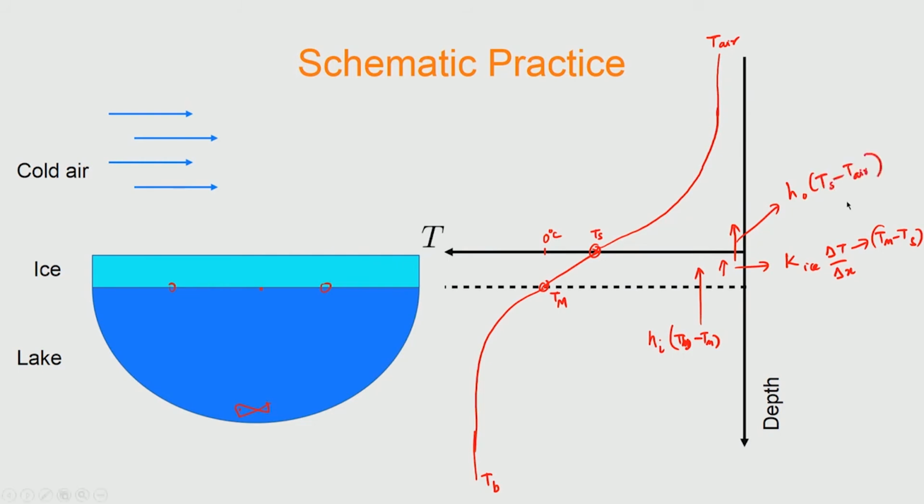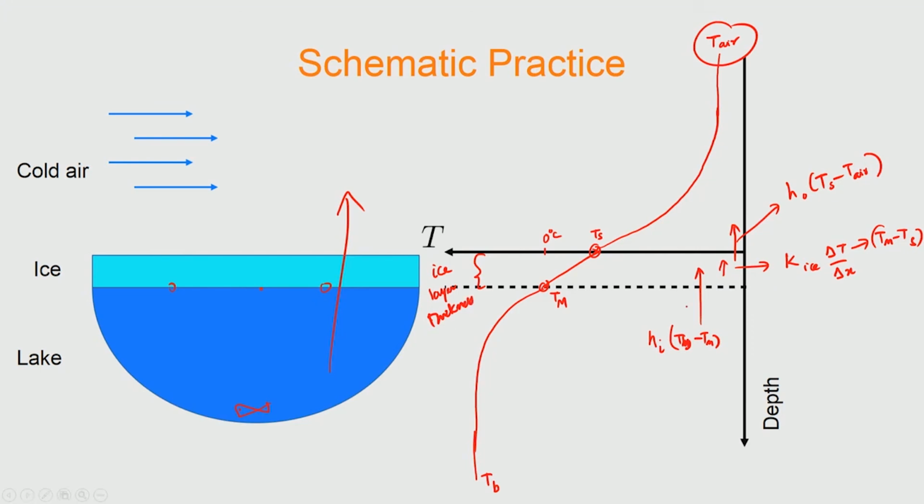You can already see from the values that T air must be much less than Ts, so that the heat can go in this direction, and then you can get a balance. Depending on the temperature of the air, you can estimate by the balance of these fluxes what would be the ice layer thickness, so that this balance can be there.